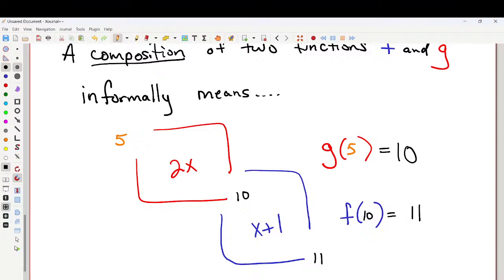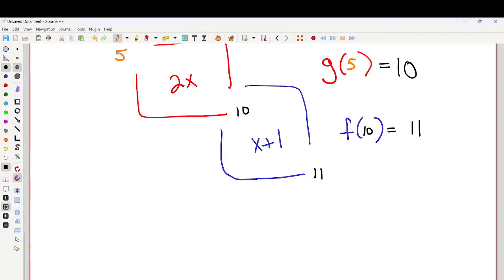Something comes in, a different object comes out, that goes down the conveyor belt, hits another rule, and now a different object comes out altogether. So it's not like we're inputting 5 into both machines. We start here, it gets molded into something, and then that becomes the input into the next machine. And this is what a composition of functions is.